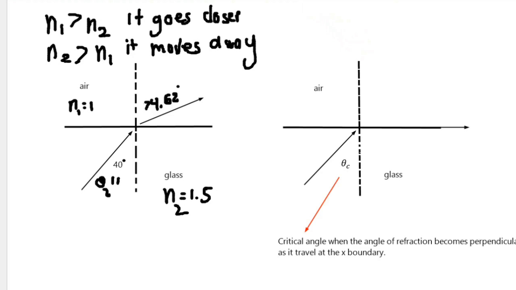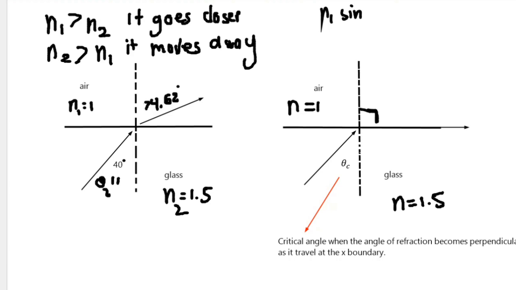Now what is the critical angle? This is theta c. The critical angle is when the angle of refraction becomes perpendicular as it travels along the boundary. Basically, the critical angle is when the refraction ray is now perpendicular. So we form 90 degrees here.